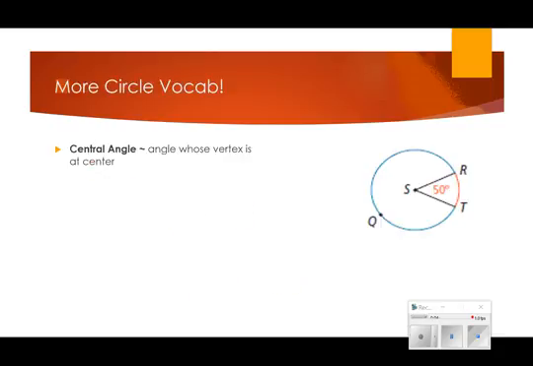Okay, so we have a central angle, and that's an angle whose vertex is at the center. That circle looks a little smished, doesn't it? So I have this angle here, and angle RST is my central angle. So it's an angle whose vertex is at the center, and we usually name it with the endpoints on the circle.